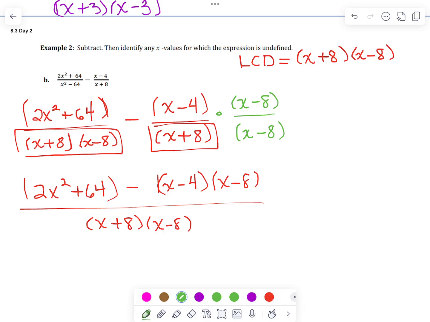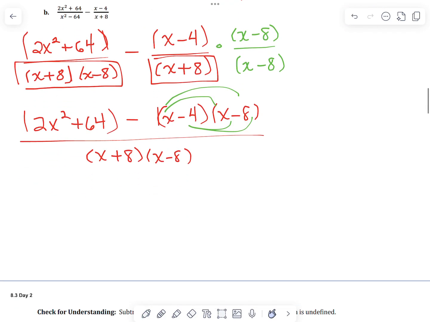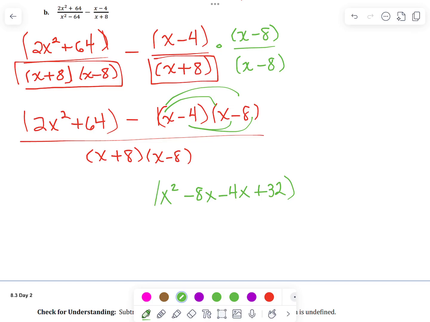Now we have to distribute, so we have to FOIL those two binomials. So we get x squared minus 8x minus 4x plus 32. And then everything else stays the same.